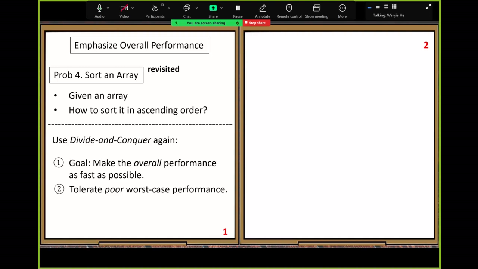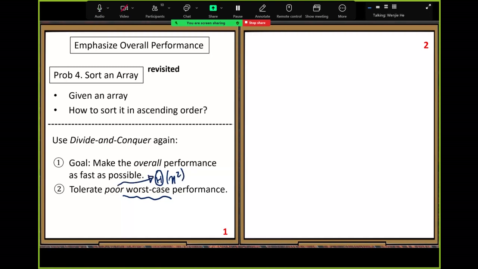We can tolerate poor worst case performance. We do not try to avoid poor worst case performance; we allow it. Remember last time I mentioned what poor worst case performance is? When the worst case is in the category big theta of n squared, that's poor.